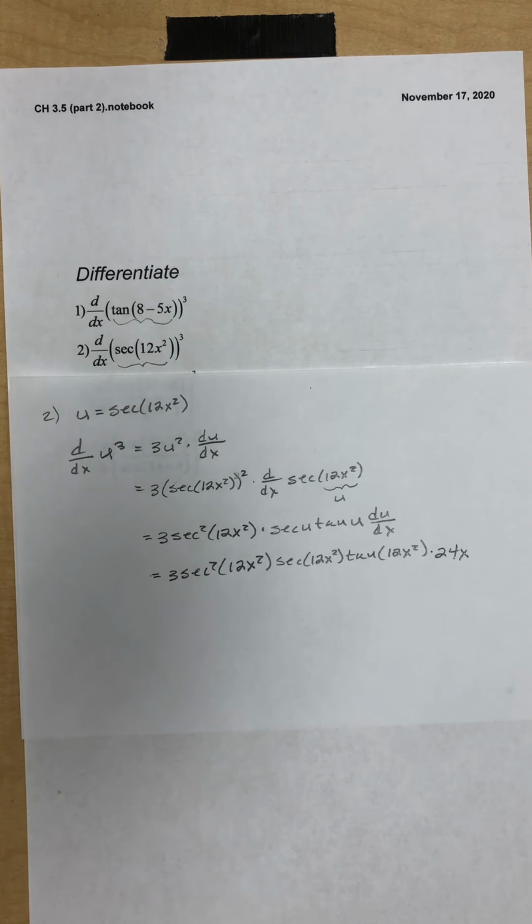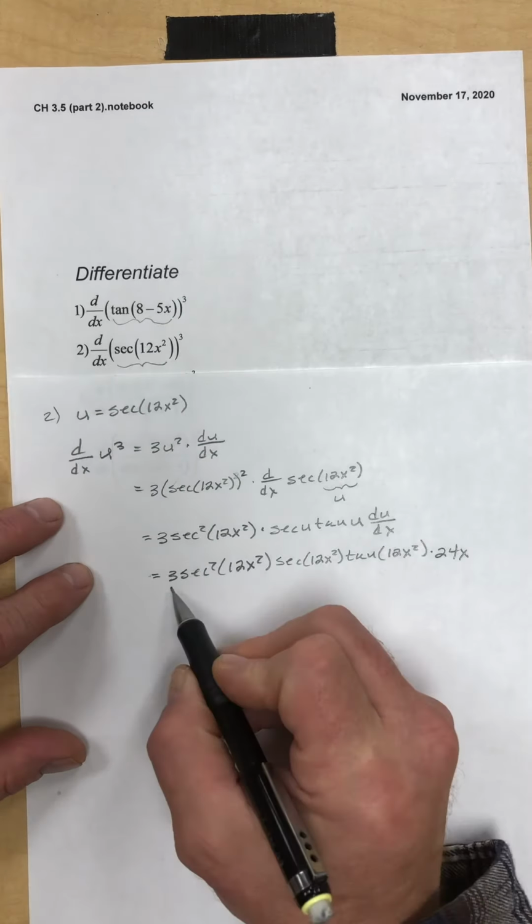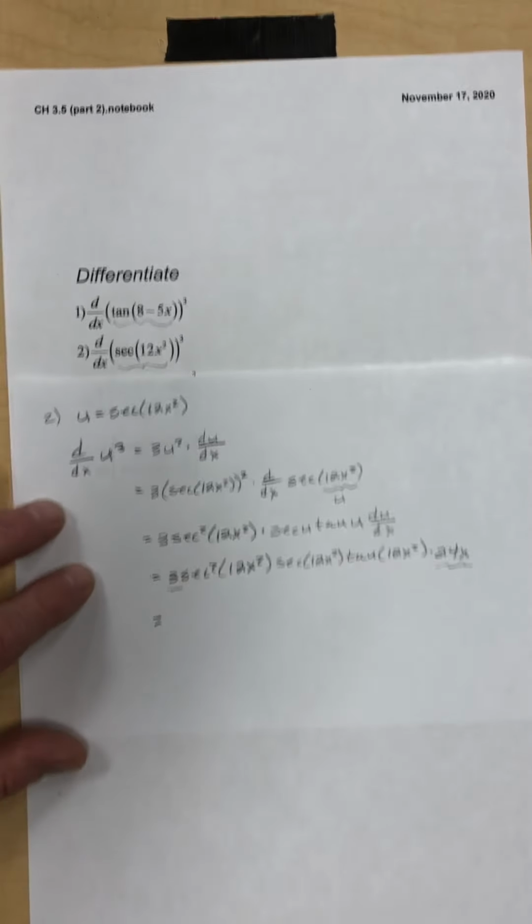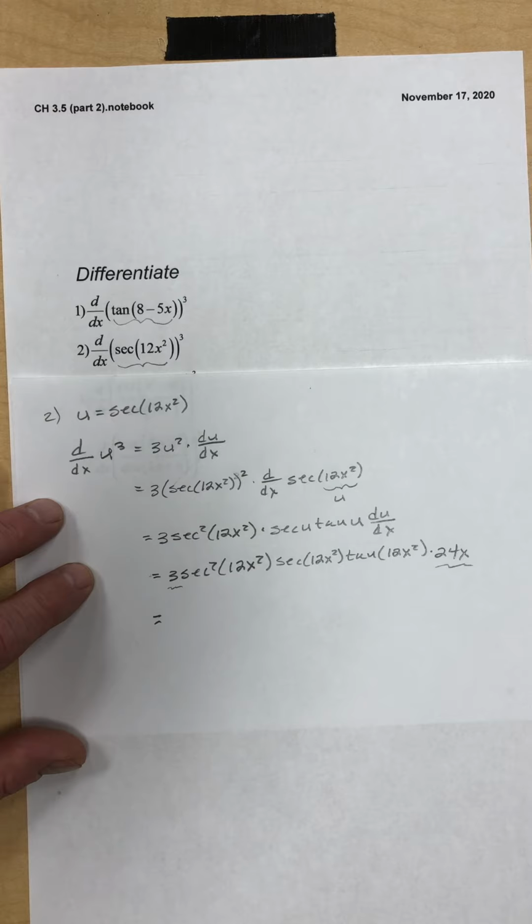It looks like we're in good shape here. Now it's just a matter of cleaning things up. I would take the 3 and the 24x and multiply them, which gives us 72x.